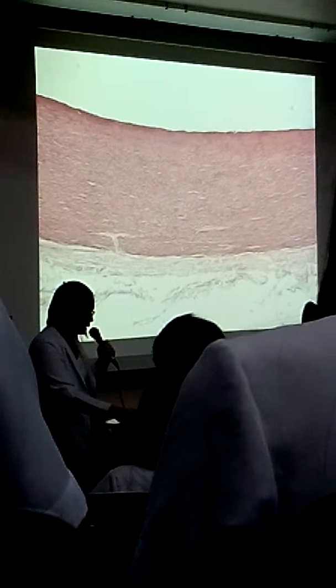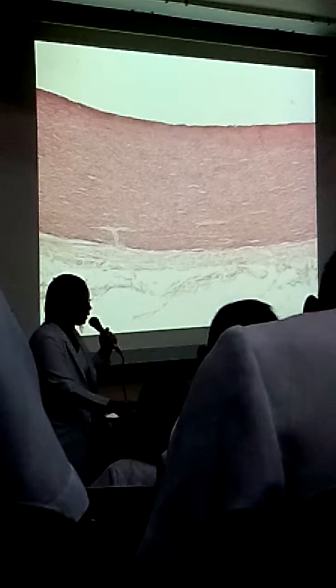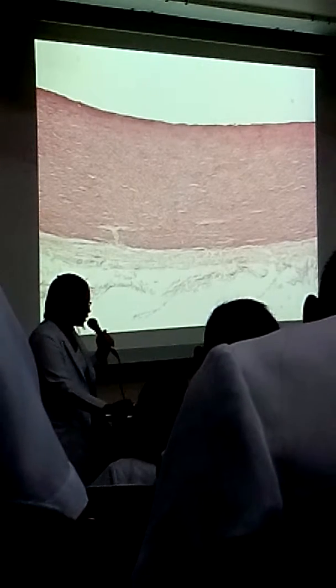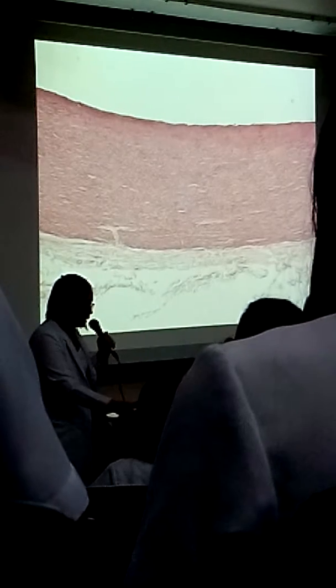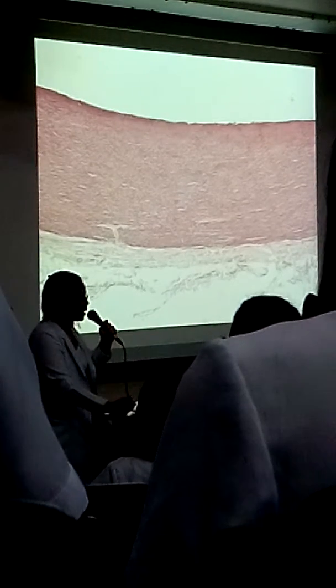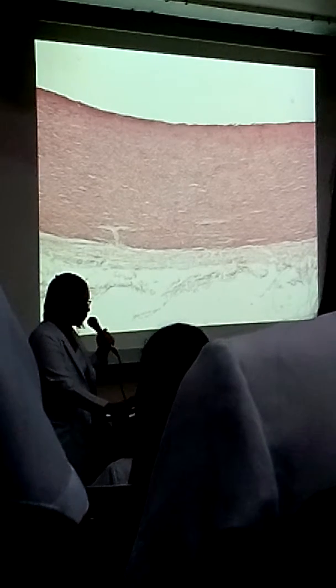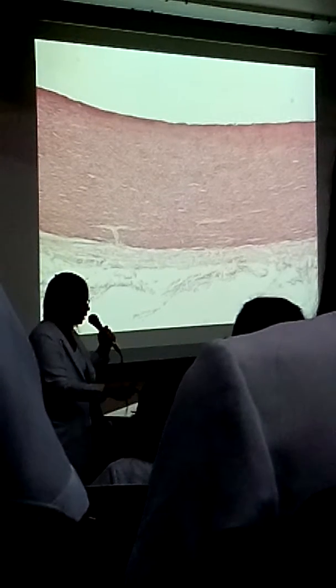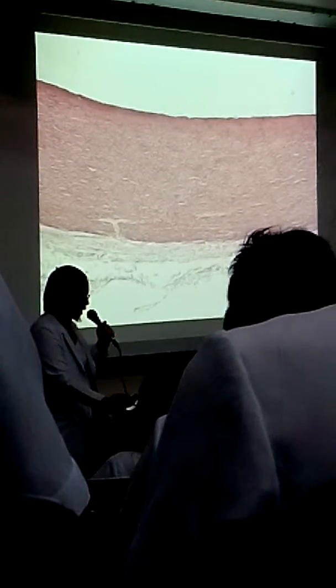So they are the elastic laminae. So I already emphasized the arrangement of the smooth muscle, which are circularly arranged. Are fibroblasts present? No. So the average number of smooth muscle layers in the aorta is about 40 layers.